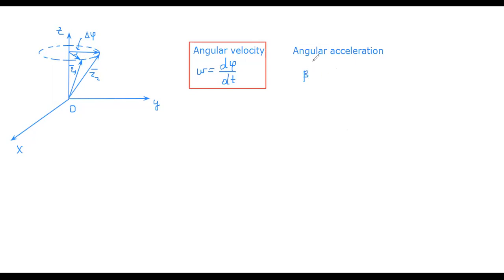We will sign it as beta, and this is the first derivative of angular velocity by time, d omega by dt, and it is equal to the second derivative of the angle of rotation by dt squared. Angular acceleration.